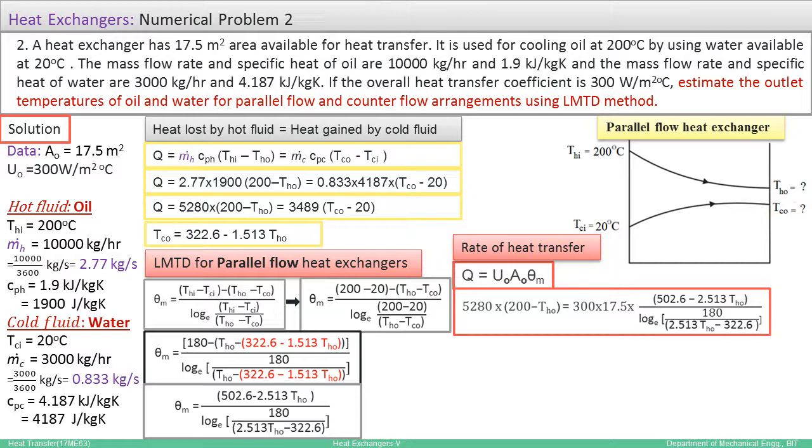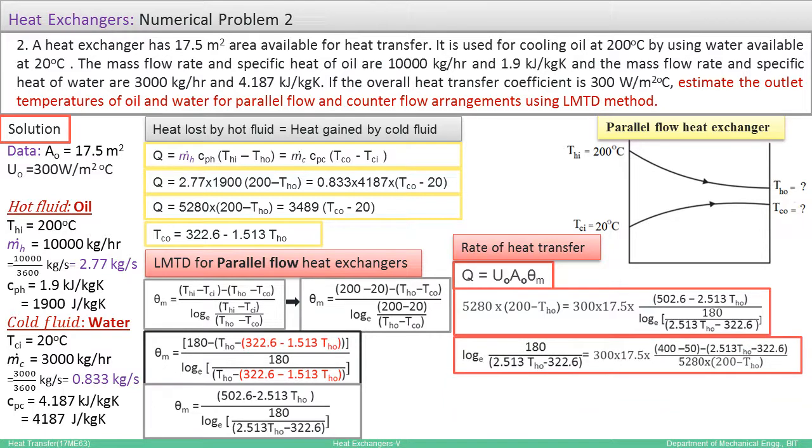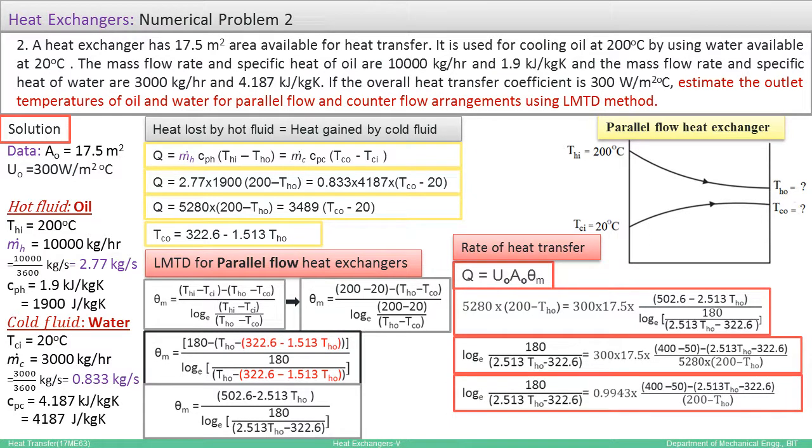It is to be simplified, but there is one THO included in the logarithm. I have taken that log term out to the left side and kept everything else on the right side. As far as possible we can simplify this, but we don't get an exact solution here.